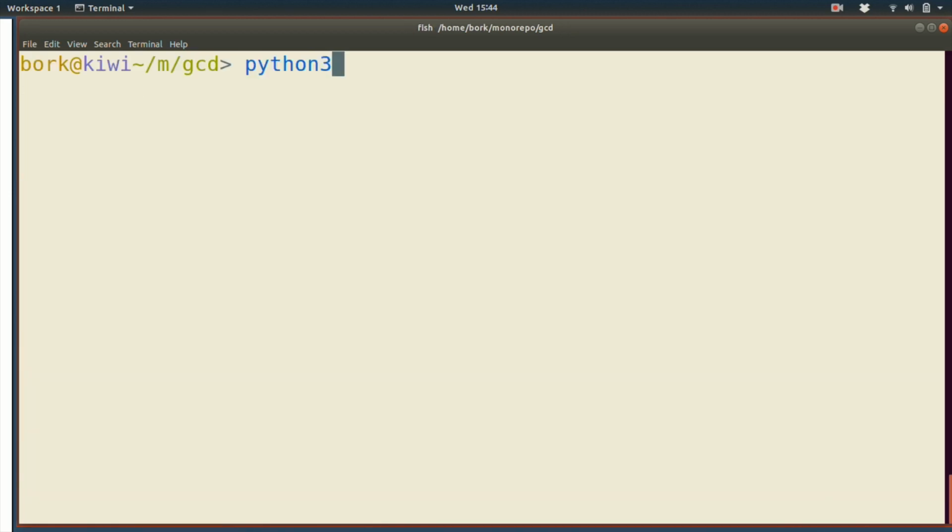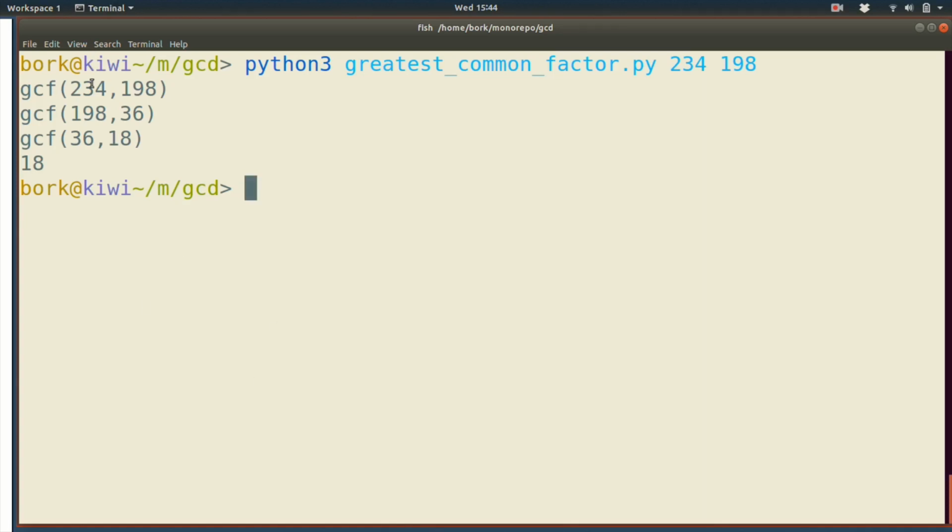But what is going on here? Basically, to calculate the greatest common factor of these two numbers, we're instead going to calculate the greatest common factor of two other numbers. What this code is implicitly saying is that the greatest common factor of 234 and 198 is the same as the greatest common factor of 198 and 36.